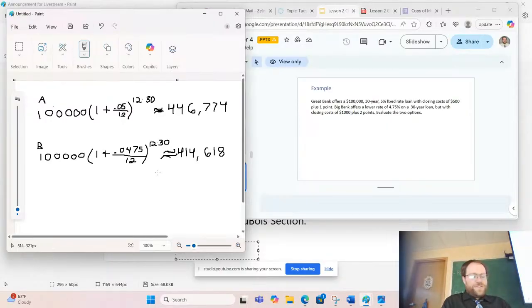So that raised to the 360th power. $447,308.